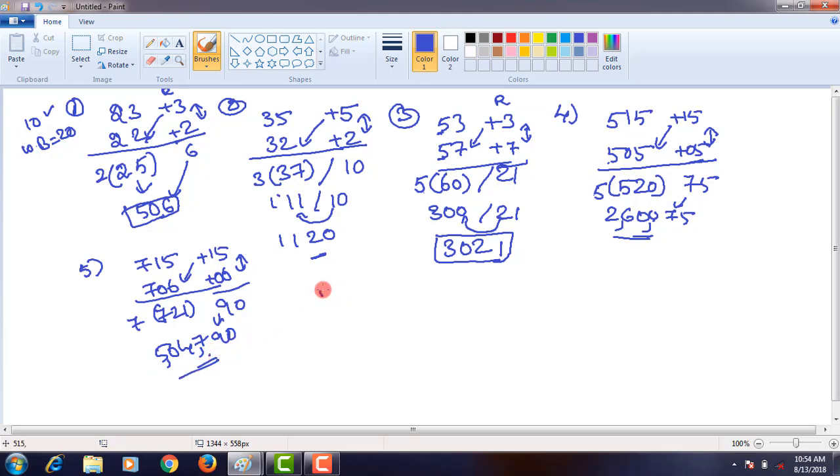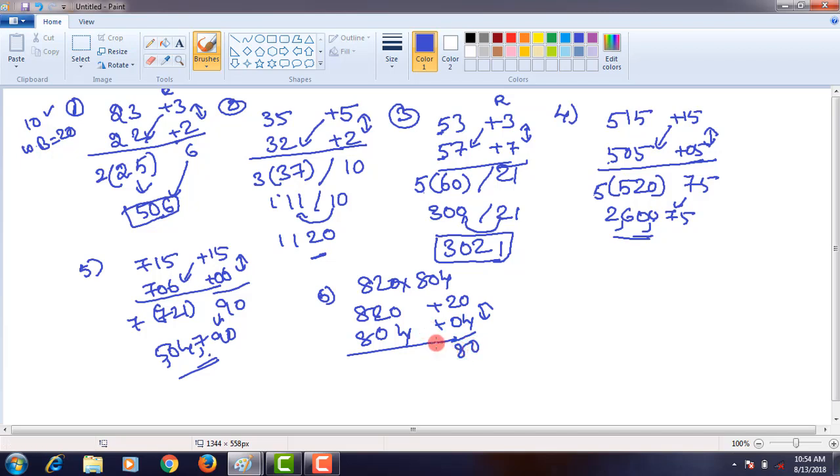Let us take our next example, that is the sixth example, 820 into 804. Here 820 is 20 more than 800, and this is 4 more than 800. On multiplying these two, you will get 80.